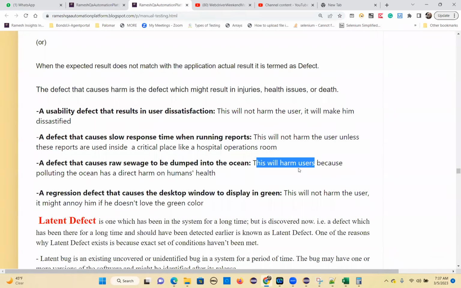When you're moving between pages, is the previous data retained or not? In edit mode, are the previous selections retained or not? In view mode, is all the data showing properly in the respective labels, what you entered at create time? Very keen observation is very important here. What data you gave at creation time, in view time, what data is there for that field?